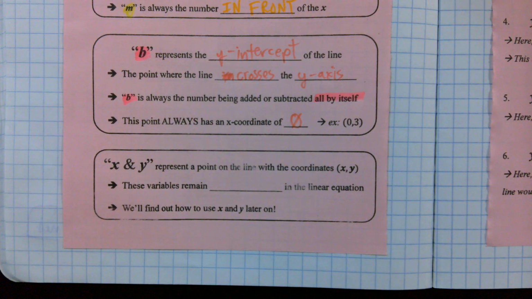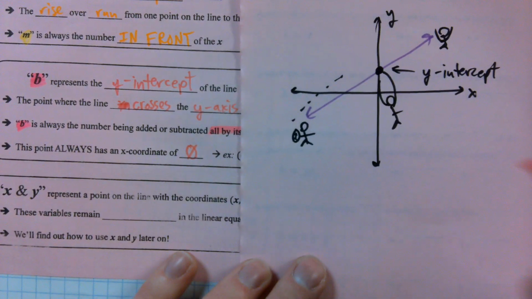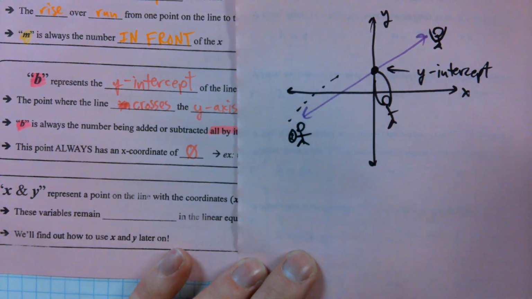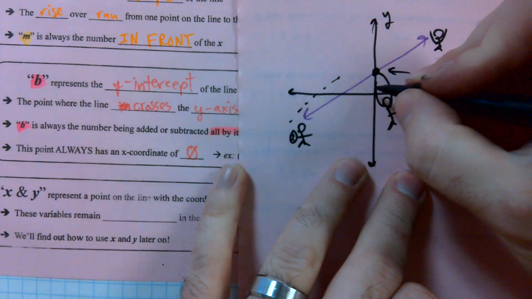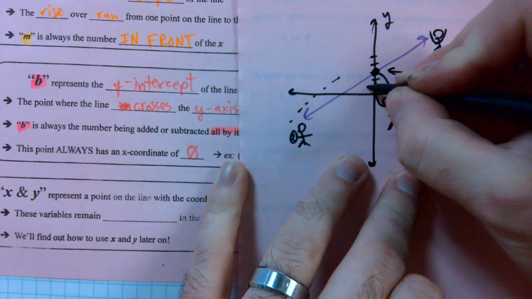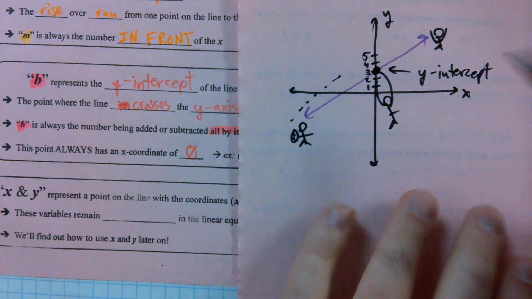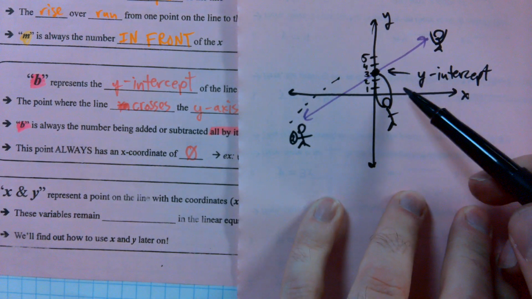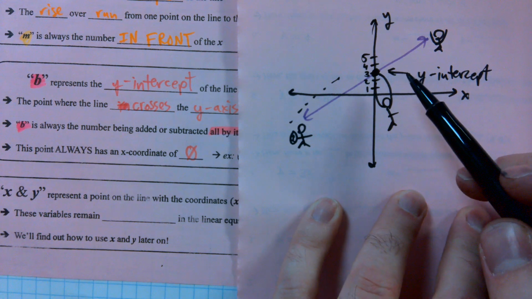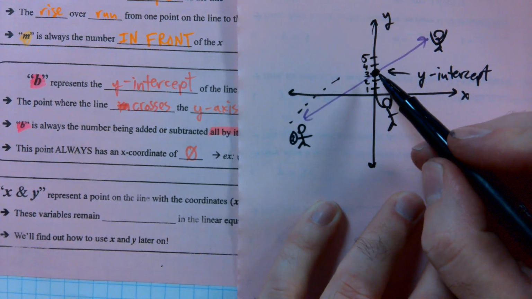Again, we'll get into this more later, specifically. But if I'm looking at this interception point, right? And let's say my graph is going like this. 1, 2, 3, 4, 5. How many spaces up my y-axis is that interception point? 2, 3.